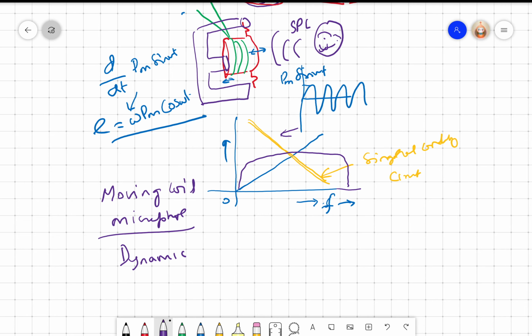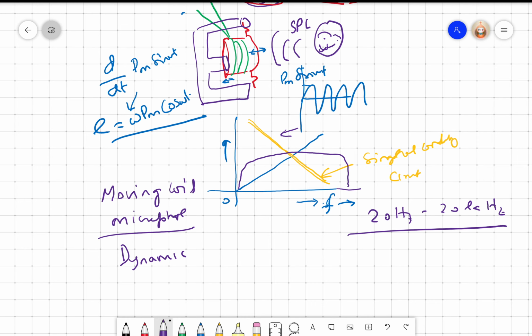Hence the output bandwidth is not very good, especially at the lower end. At the lower end, the dφ by dt kicks in, whereas at the higher end, the stiffness of the diaphragm would prevent it from oscillating at that frequency. But for the microphone, we need something like 20 hertz to 20 kilohertz, which is not a big problem. We can design.